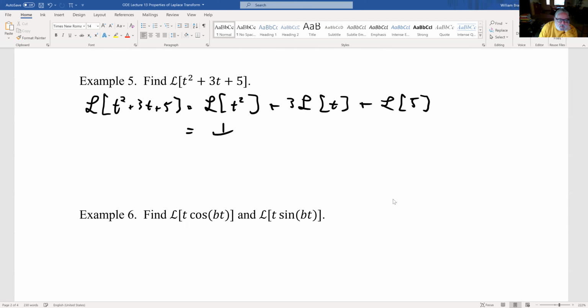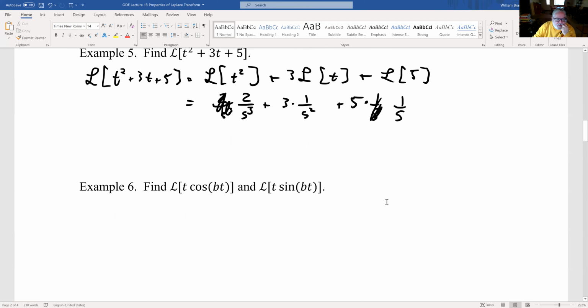So this is 2 over s cubed plus 3 times 1 over s squared plus 5 times 1 over s. So there's the Laplace transform of that. Just take the Laplace transform of each term and add them together.